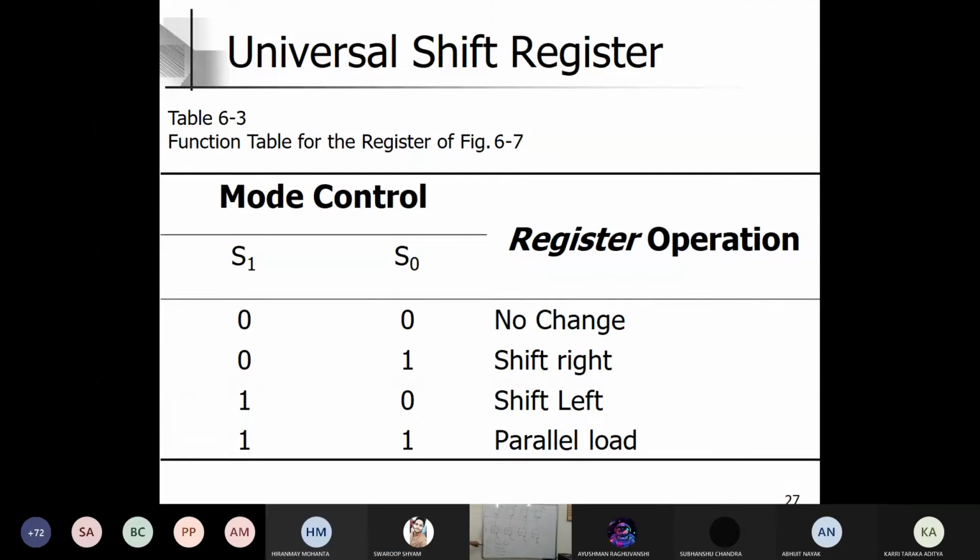So 0, 1, shift left. That means my shift left operation has to start from this to this, my left. I will give the serial input for shift left here. Select lines having 0, 1, all the ones will be selected, so whatever connections are there, only those will be performed.